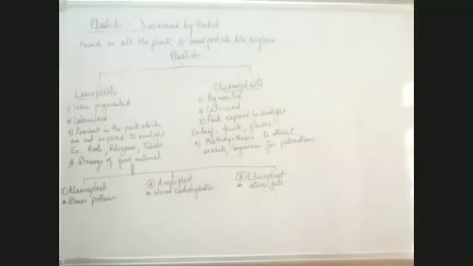Now, where are these stored? If you remember the structure of the seed when we did the maize seed, we have this layer here, and this layer is known as the aleurone layer.